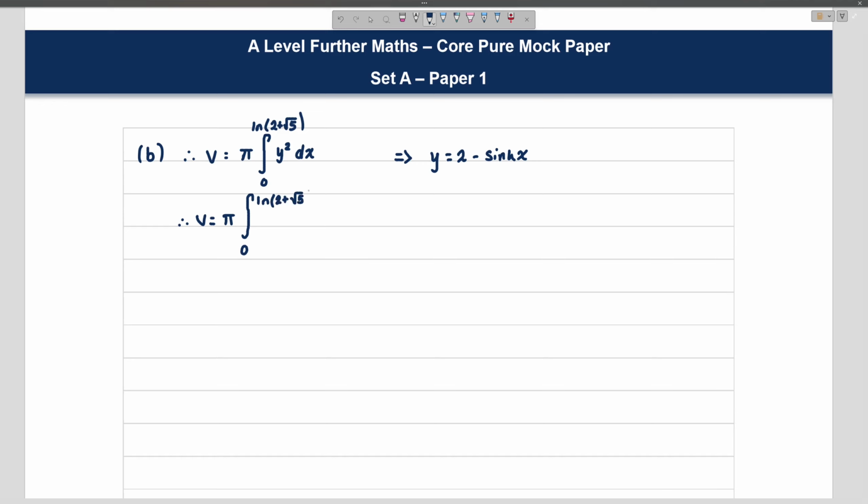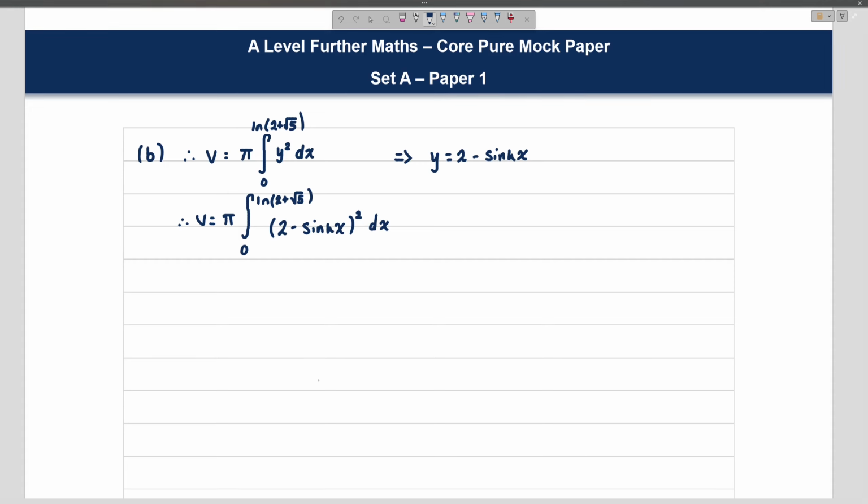Now y squared would be 2 minus sine x all squared, and we're integrating with respect to x.